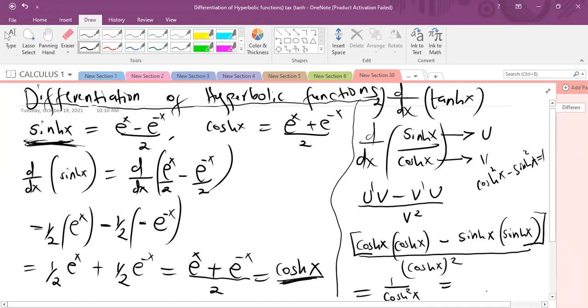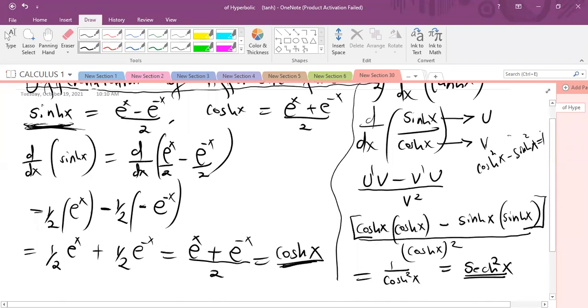So 1 over cosh squared is the same as sech squared x. These are things you're supposed to recall from the topic hyperbolic functions, guys, these identities. So that's how you go about differentiating some of these hyperbolic functions.